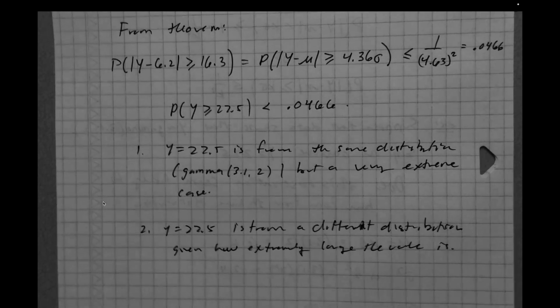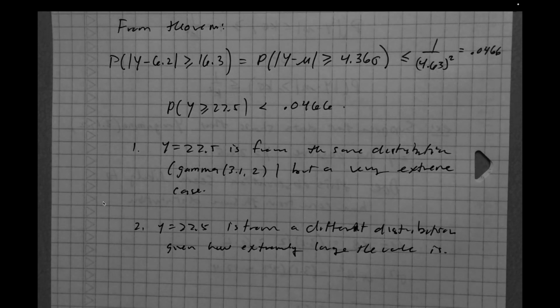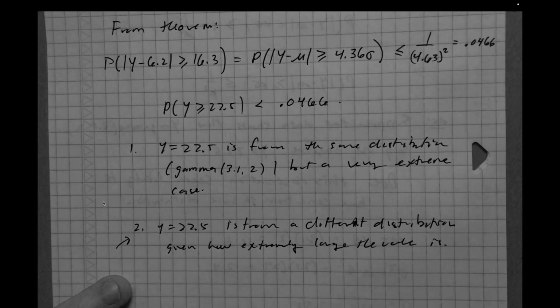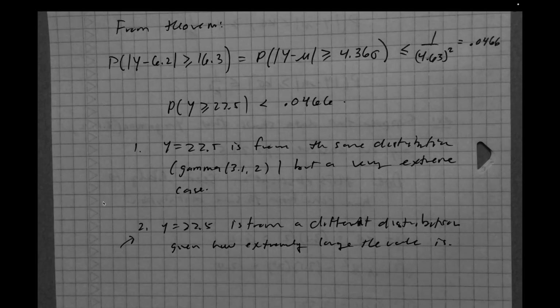So think about the case of the maintenance work times, right? If the average maintenance repair time is 6.2 minutes, but I get an observation suddenly of 22.5, I might be inclined to call up and inquire, did I get a new maintenance person?